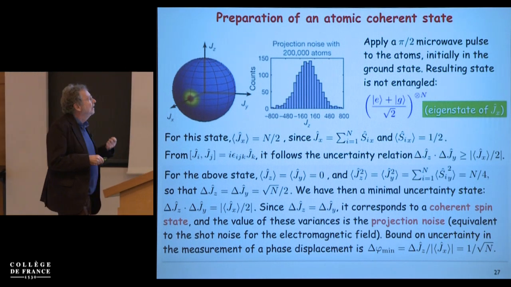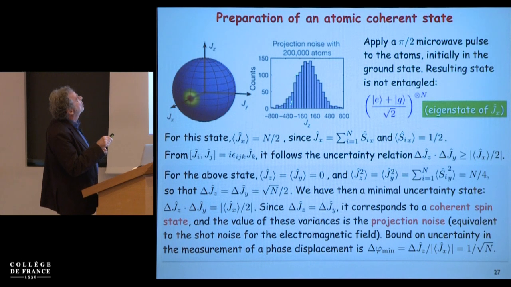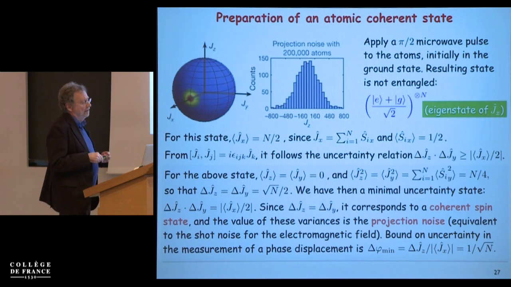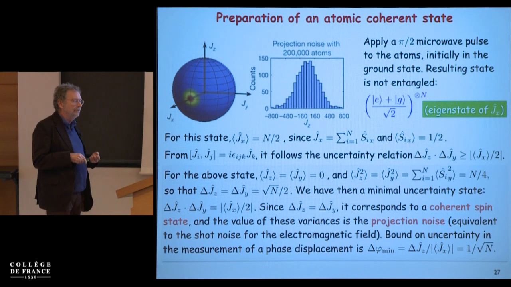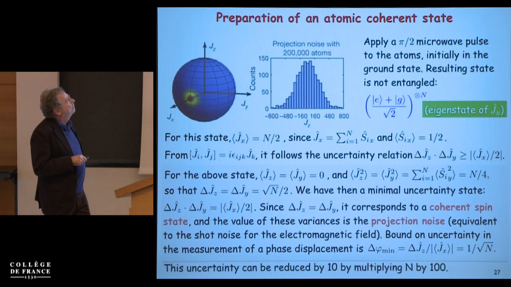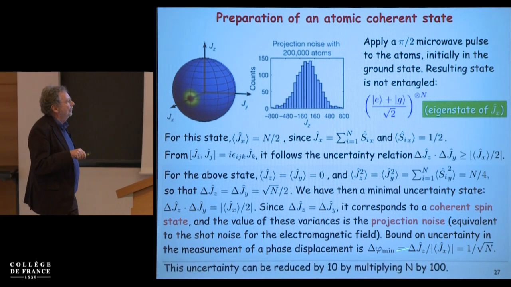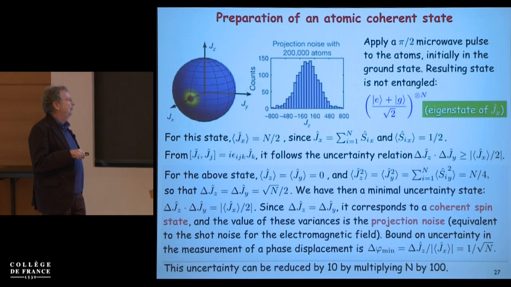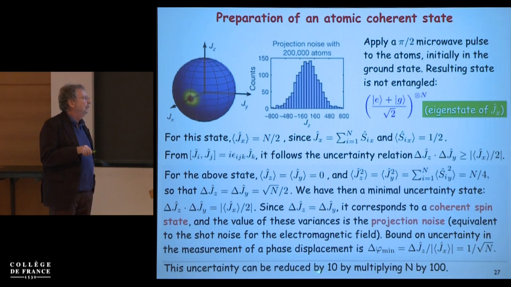And that's a typical distribution of counts, which gives a dispersion in the values of Jz. A typical distribution for a coherent spin state. Now, of course, from this result, you see that this uncertainty can be reduced by 10 by multiplying n by 100, because it depends on square root of n.